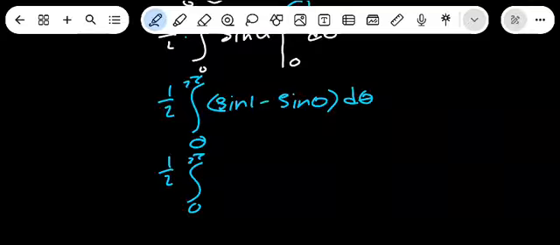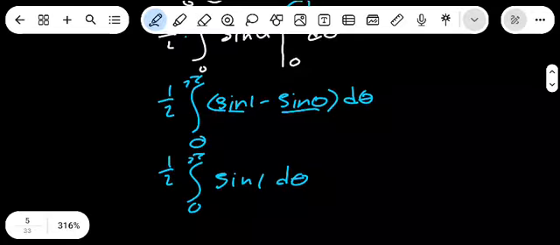The inside integral will be positive sine u, evaluated from 0 up to 1, still multiplied by dθ. So we plug in the limits: sine 1 minus sine 0 multiplied by dθ. We cannot do anything with sine 1, and sine 0 simply equals 0, so this will simply be sine 1 multiplied by theta.